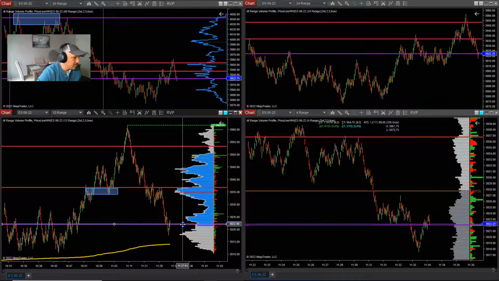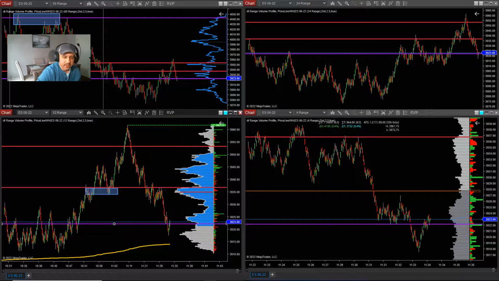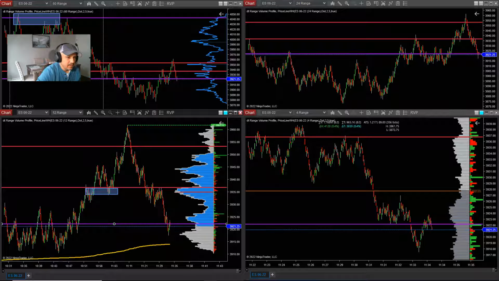Yeah, so I'll just wait here because price can reject this area. Let's see. Price pulls back and rejects this area. Okay, maybe it's going to break higher. I'm not sure.